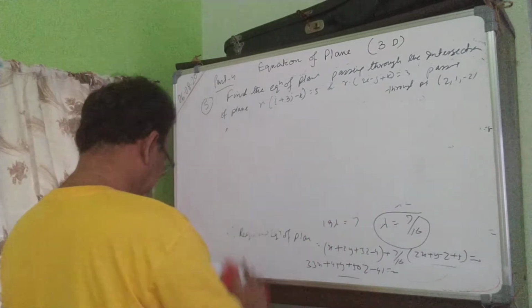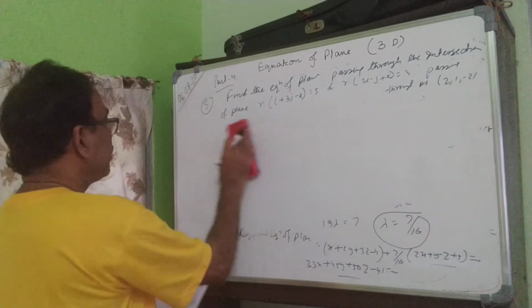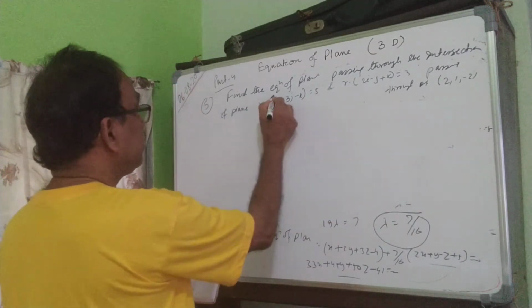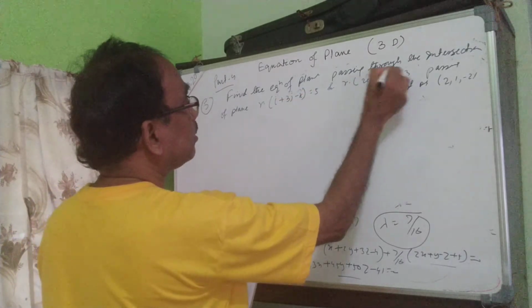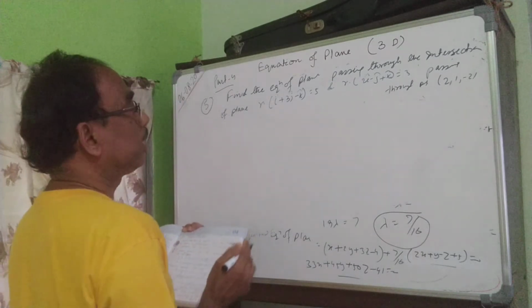The vector equation is here. Similar to the Cartesian form, we can write the joint equation of the plane with i plus 3j minus k and 2i minus j plus k.